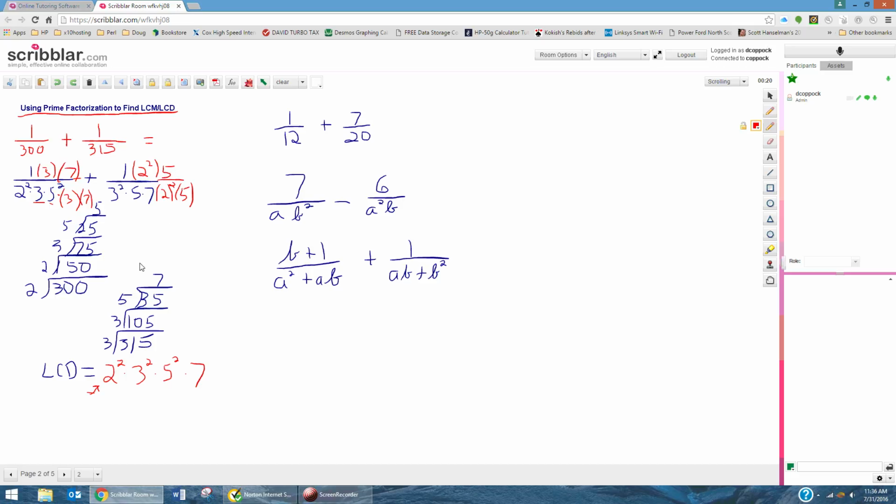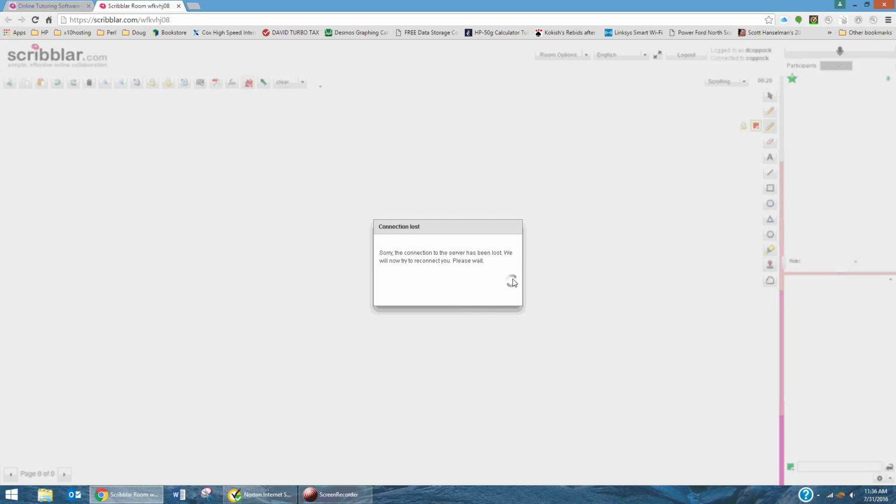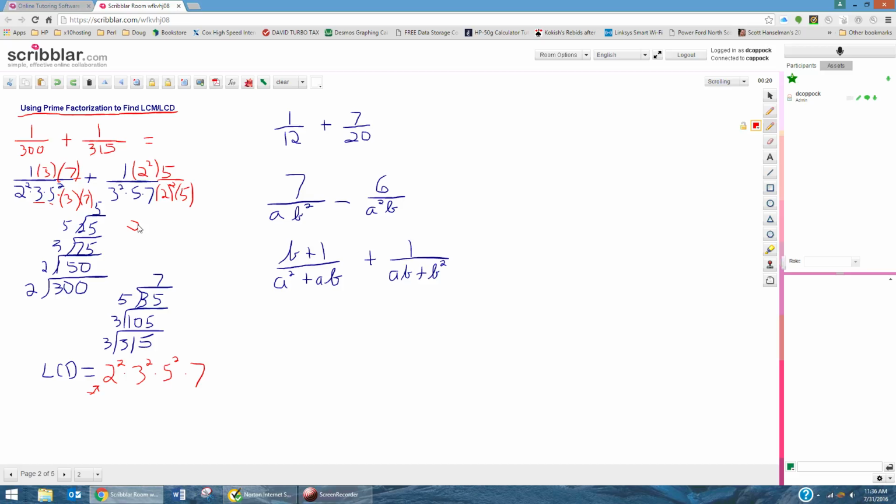So the new numerators are 21 over the LCD, whatever that is, plus 20, 4 times 5, over the LCD.